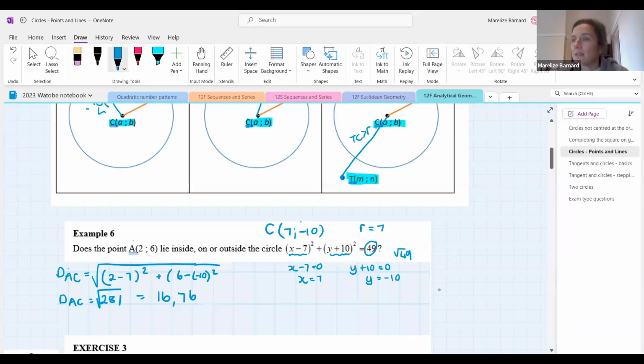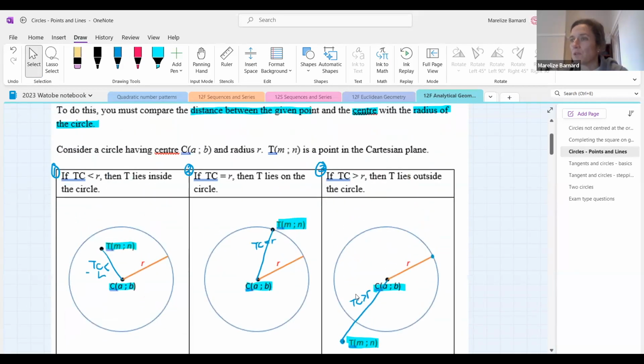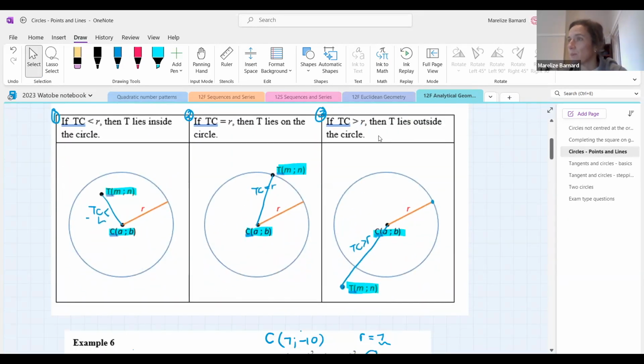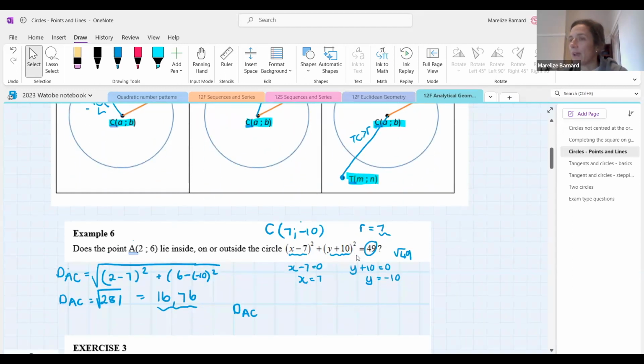And we can see that the distance AC is 16,76 and the radius is 7. So that falls within this last one, where AC is greater than R. So our distance AC is also greater than R. Therefore we can say that A lies outside the circle.